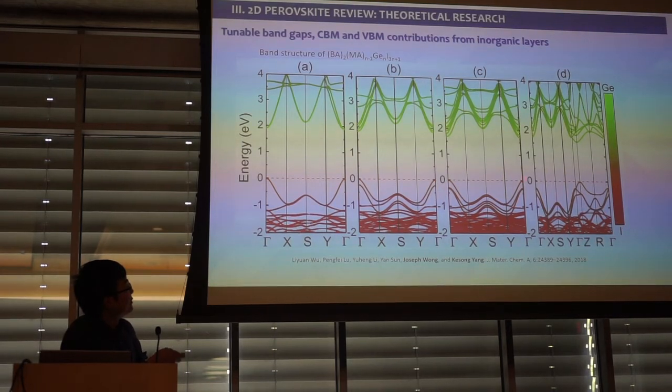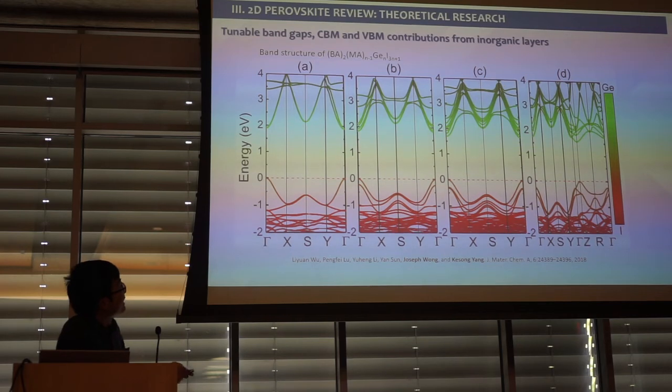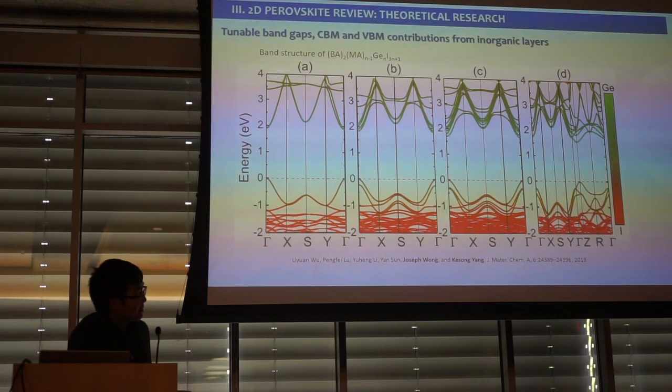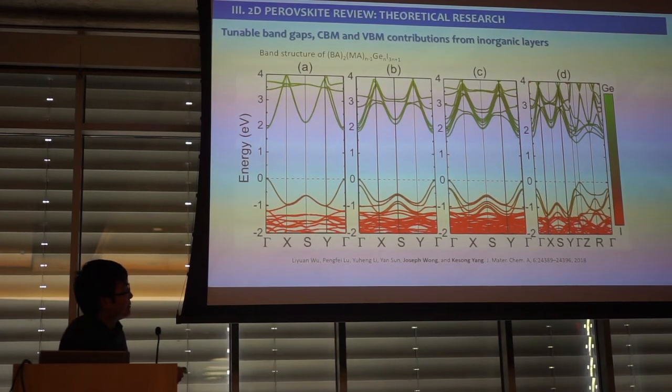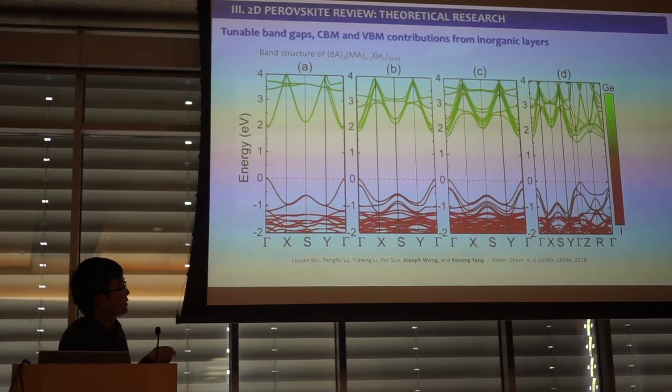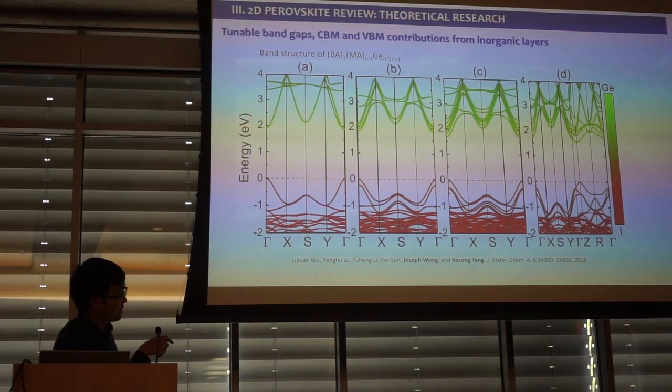So I believe if you go from left to right, these are increasing n values. And what you see here is that the valence band and the conduction band tend to get closer as you increase the n value. And what we also notice is that the band structures are primarily derived from the germanium and iodine atomic orbitals, indicating that only the inorganic components are conducting or involved in the charge carrier mobilities.